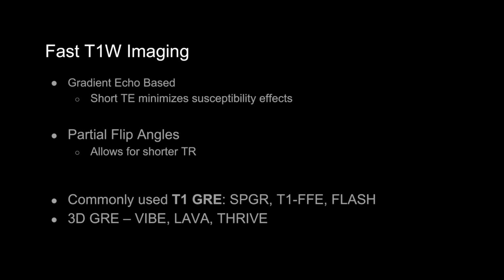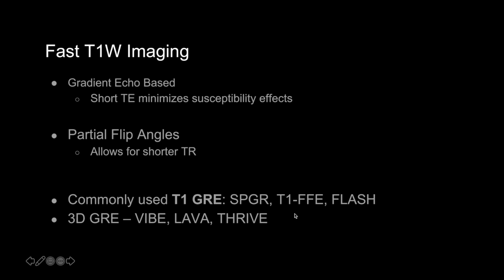Fast T1 weighted imaging is used in abdominal imaging for 2D and 3D T1 weighted sequences. The 3D ones are often used for post-contrast dynamic imaging, for example, through the liver when we're characterizing tumors. These are some examples of T1 gradient echo-based sequences that we use in abdominal imaging, and these are some examples of 3D versions of these sequences.